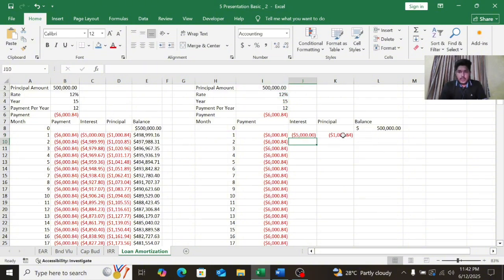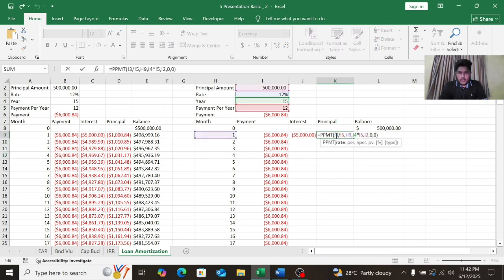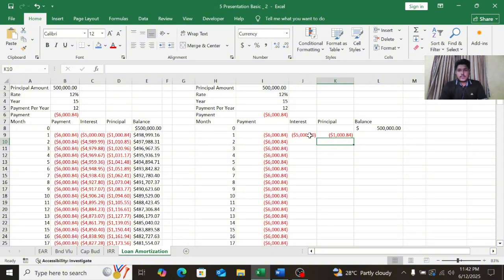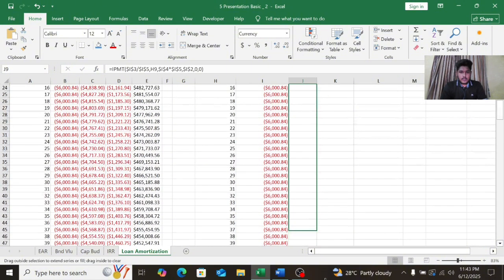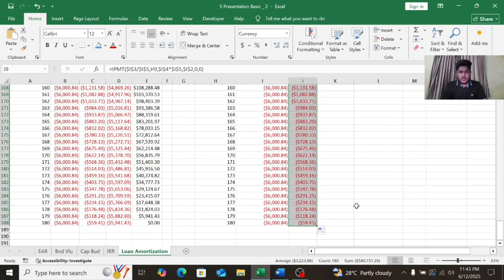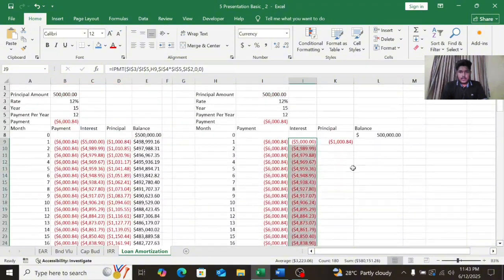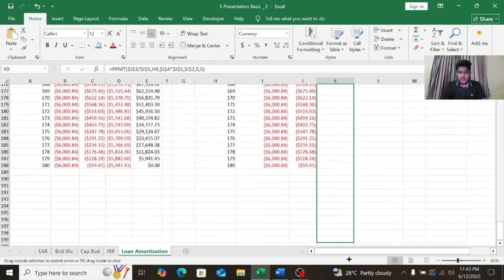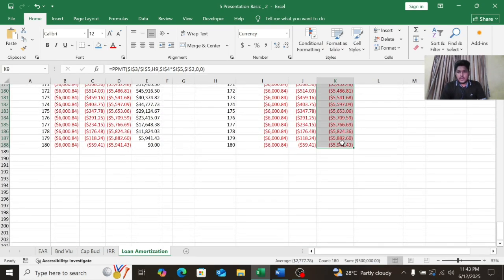Entering, we get it, and we are going to fix our principal payment also, everything except the per. So now if we drag along the side, we get our interest payments, and as time increases, our principal payment increases and interest payment decreases. So these are our interest payments and principal payments.